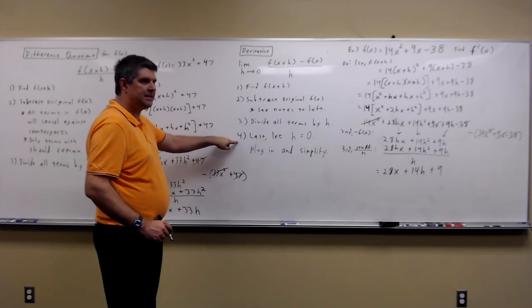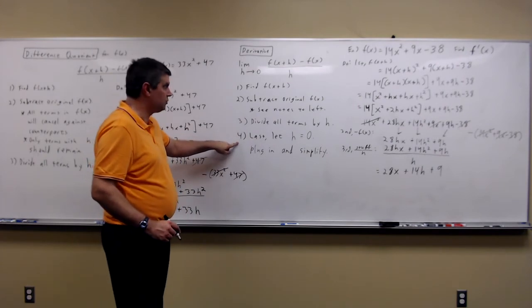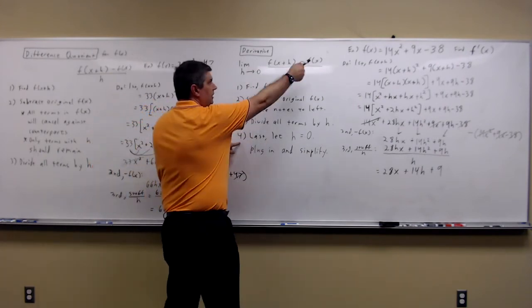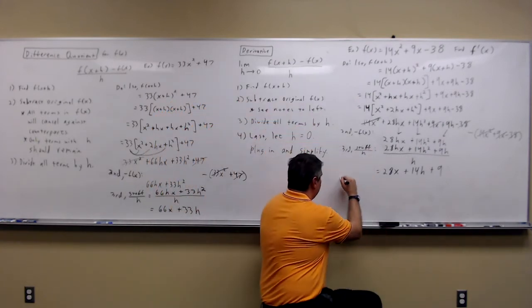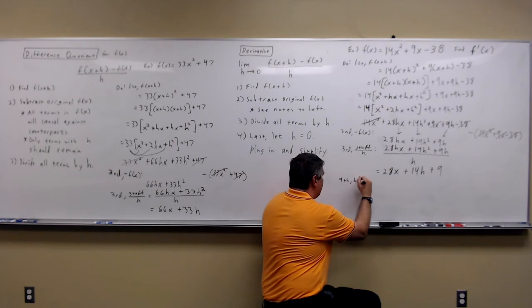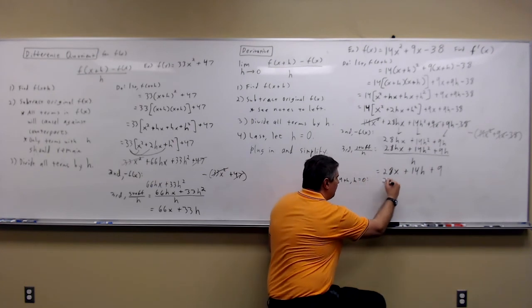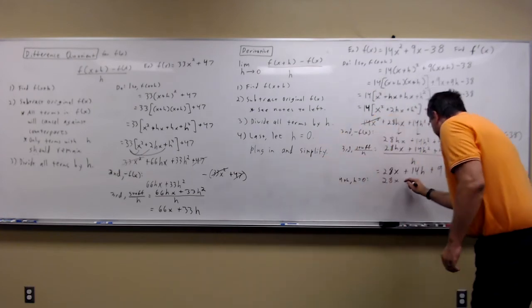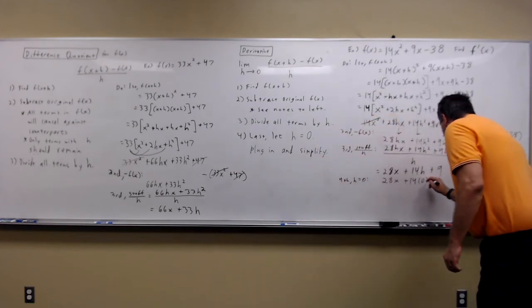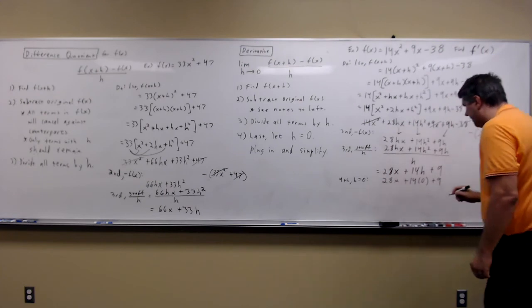So now we go on to step 4, which we didn't do for the difference quotient, but you would do for the derivative. Fourth, h equals 0. So I'll have 28x plus 14 times 0 plus 9.